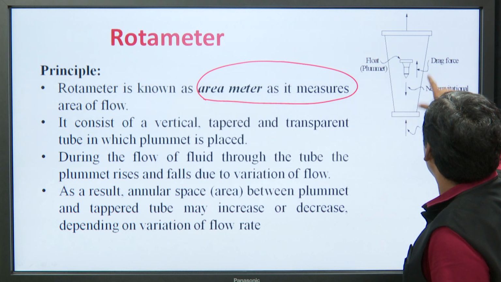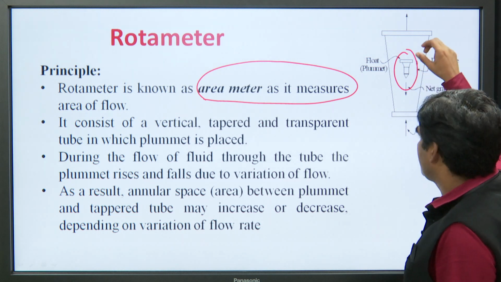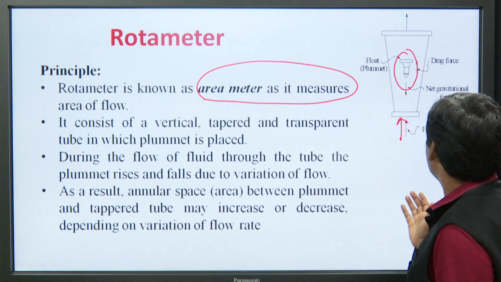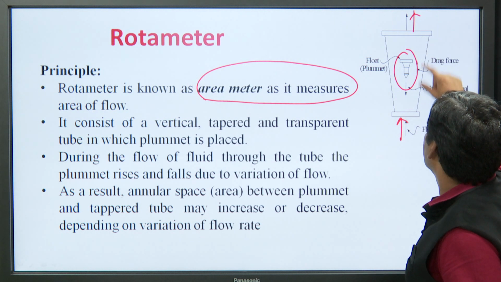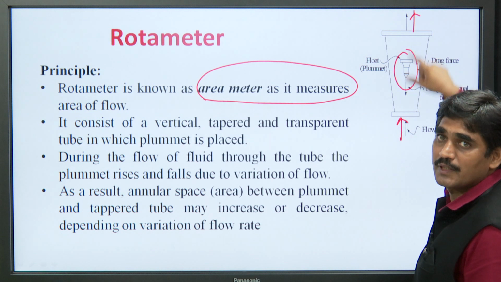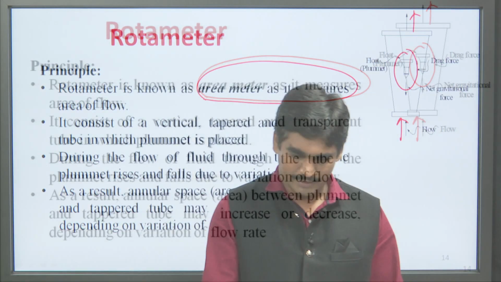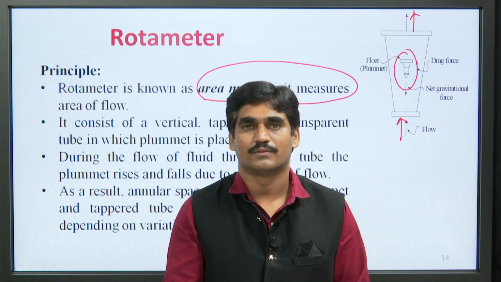So, this is a conical tube in which a plummet or float is placed inside, and the fluid is flowing from the bottom of the tube in an upward direction. As the fluid moves upward, this plummet moves up and down with the flow of fluids. So, during the flow of fluid through the tube, the plummet rises and falls due to variation in the flow.